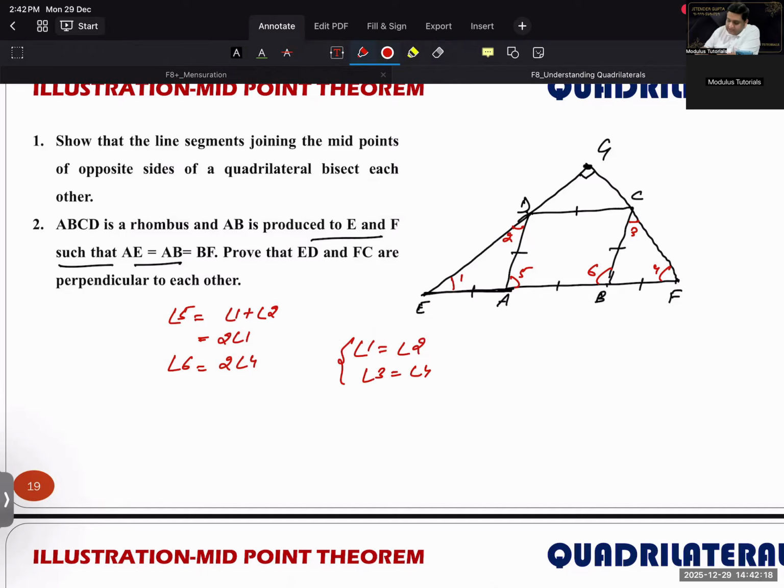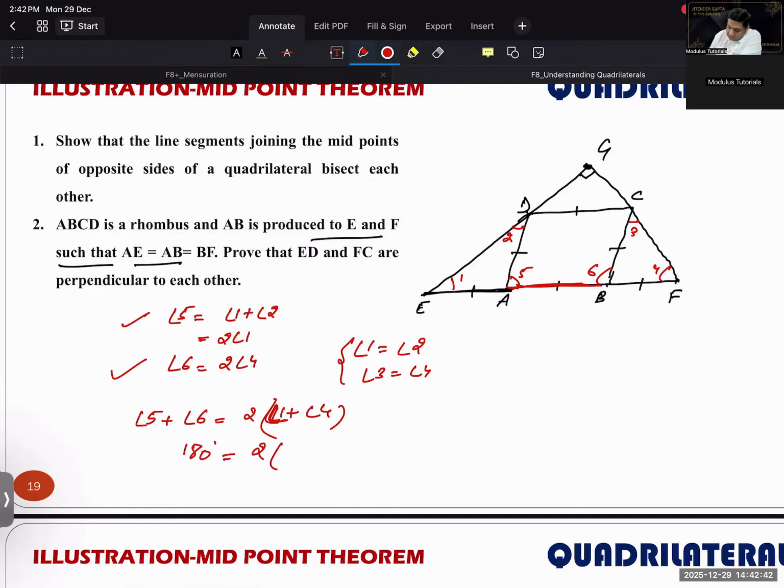Got it? So guys, now what do we have? We have angle 5 is double of 1 and angle 6 is double of 4. Add them. Angle 5 plus angle 6 is double of 1 plus 4. But guys, what is 5 plus 6? They are adjacent angles of a rhombus, right? So this will be 180.